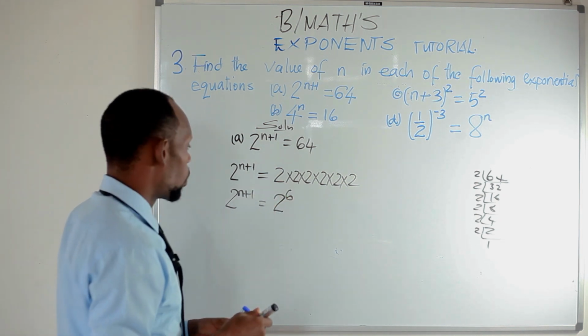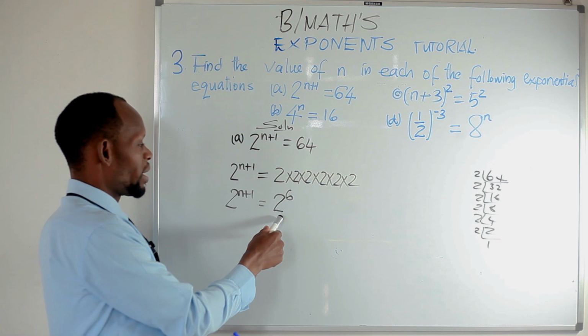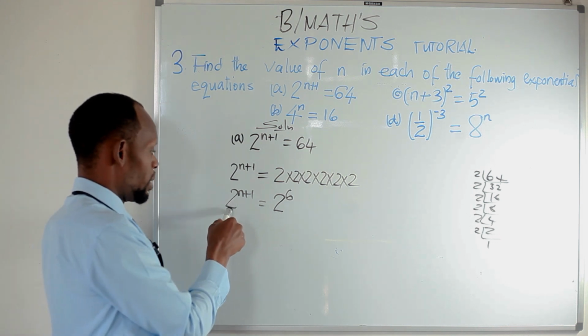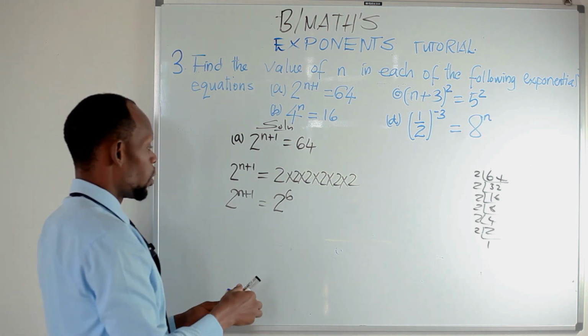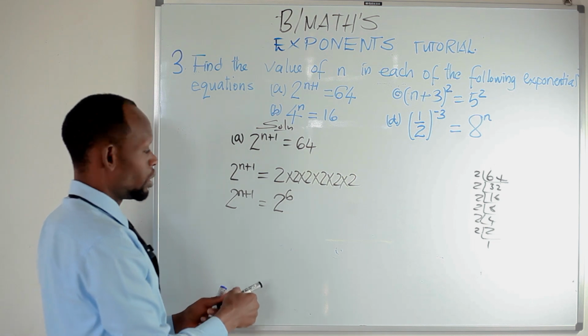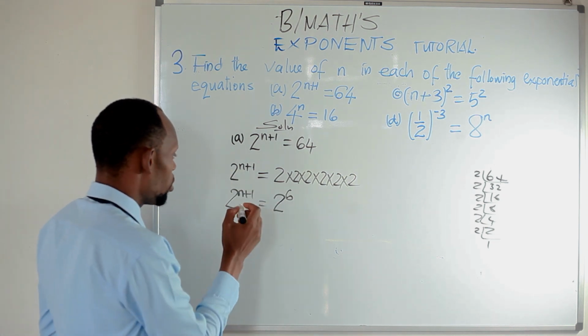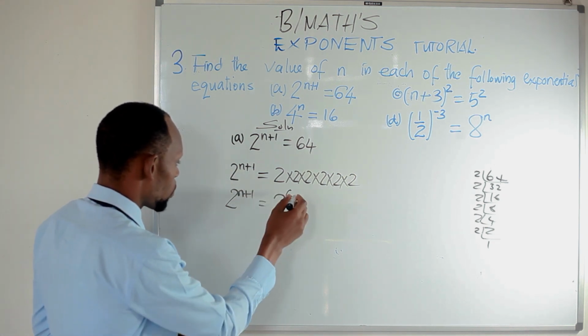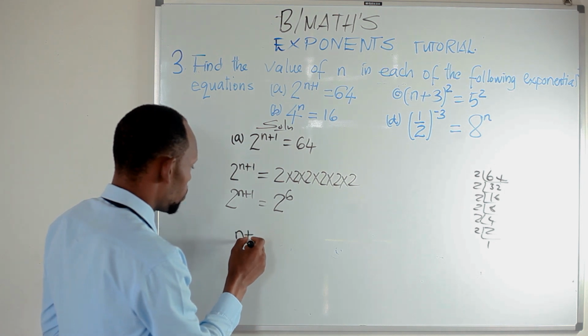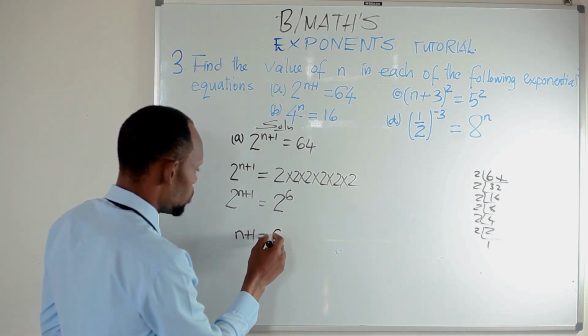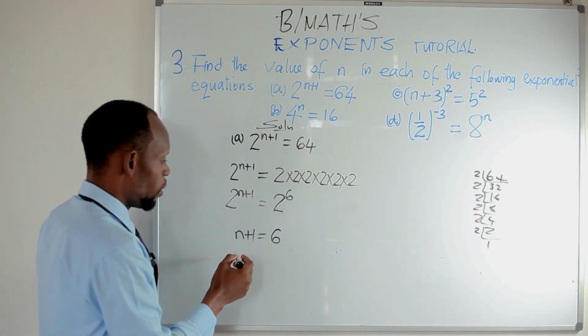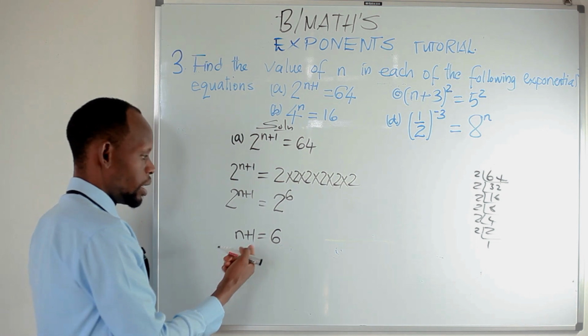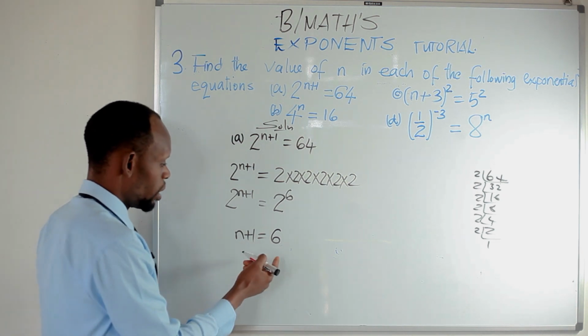So now by comparing the bases, this base and this are the same, so we can cancel them out. Canceling 2 by 2, you get the exponents: n plus 1 equals 6. Therefore, this is an algebraic equation.